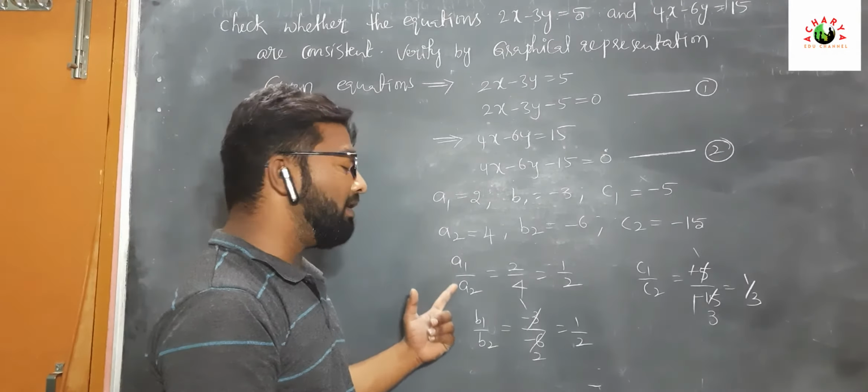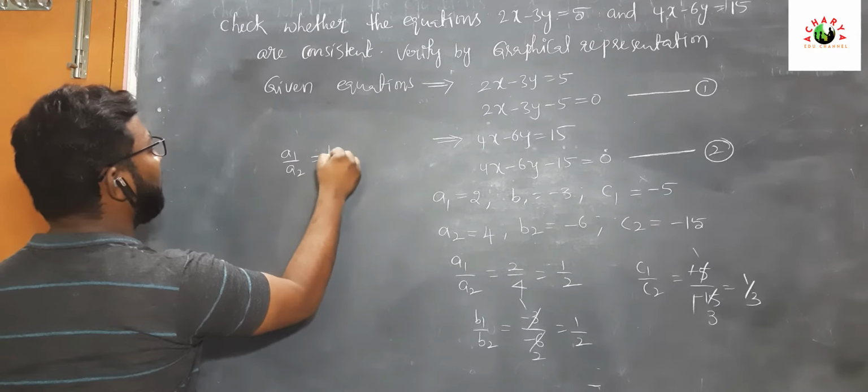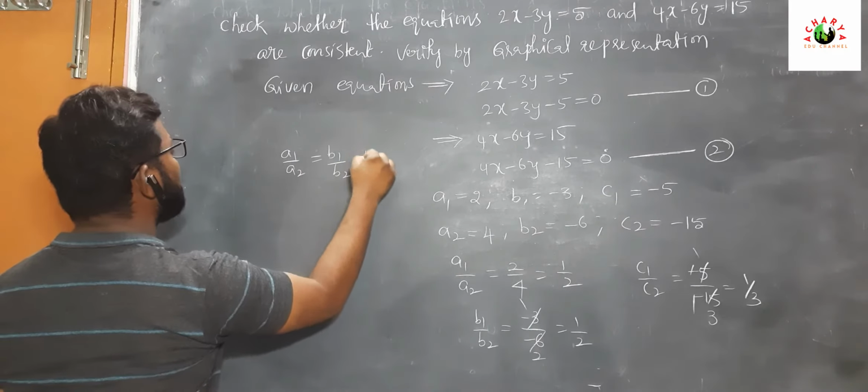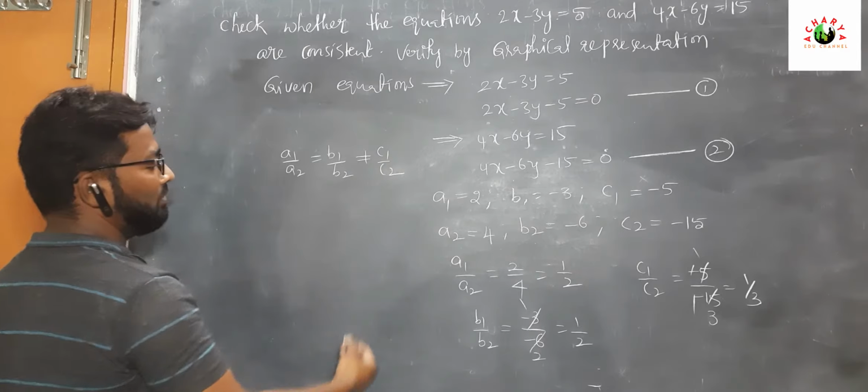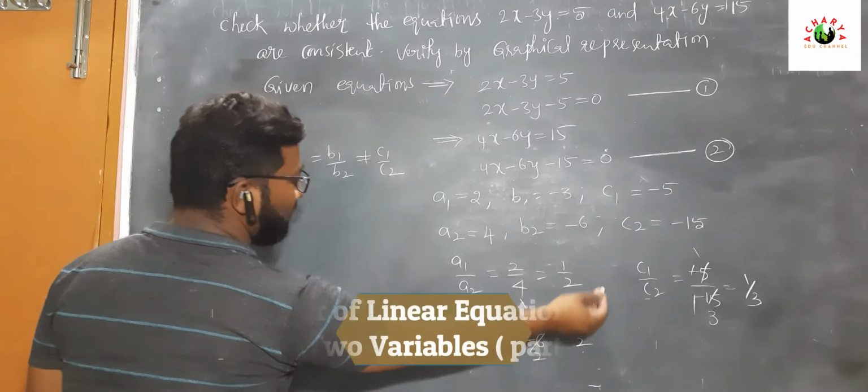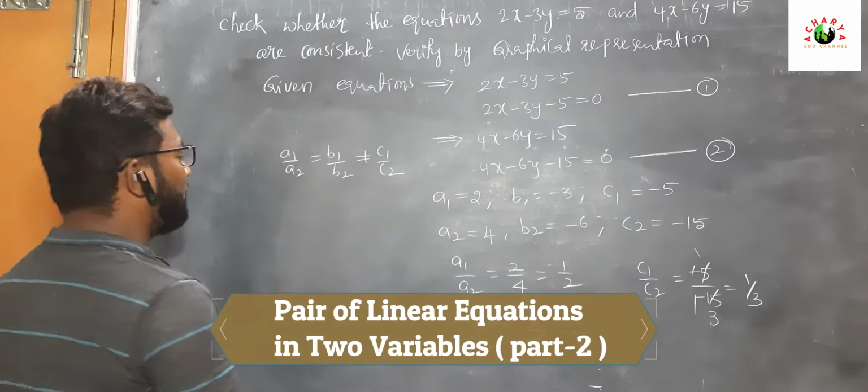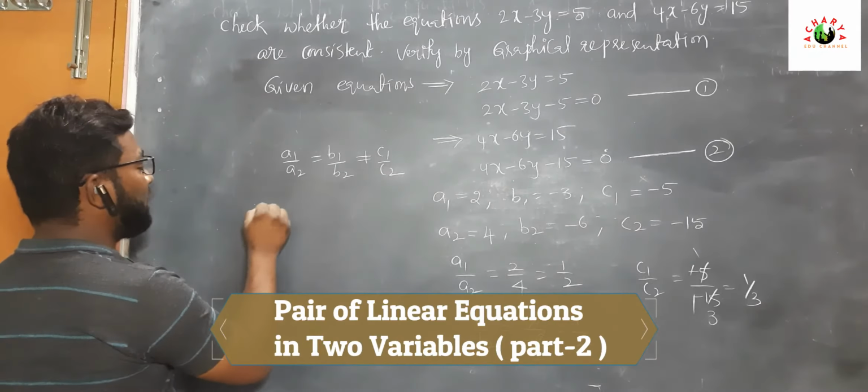That is the condition. So here 1 by 2 equals 1 by 2 does not equal 1 by 3. So it represents parallel lines.